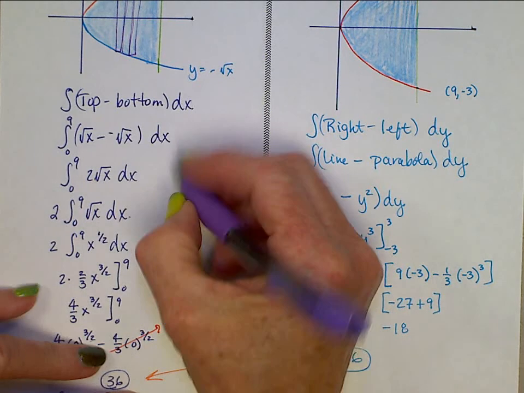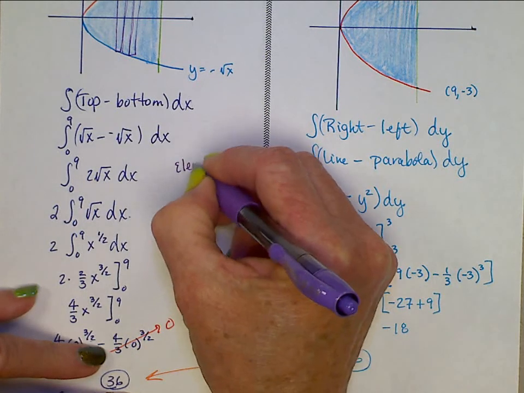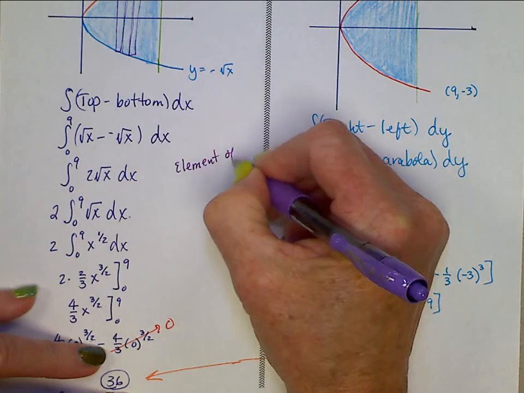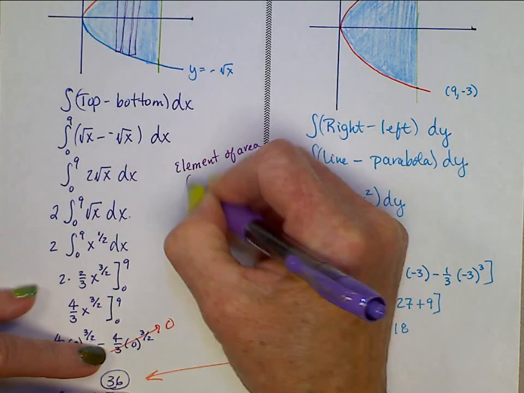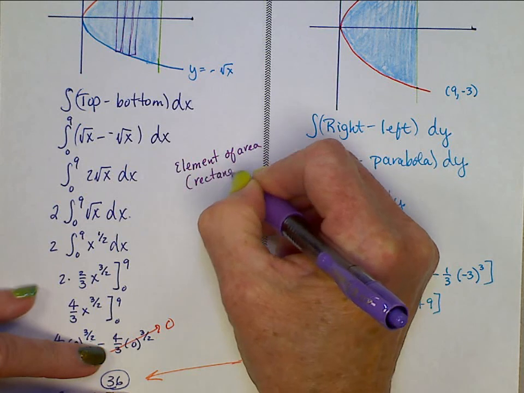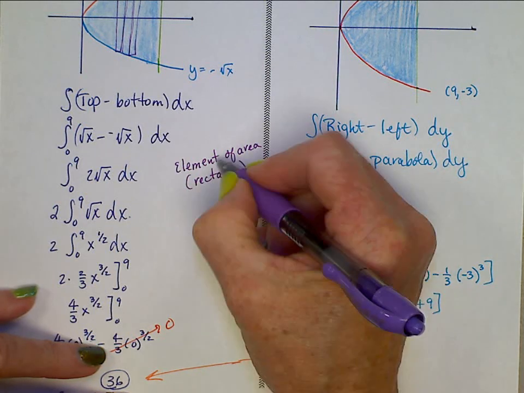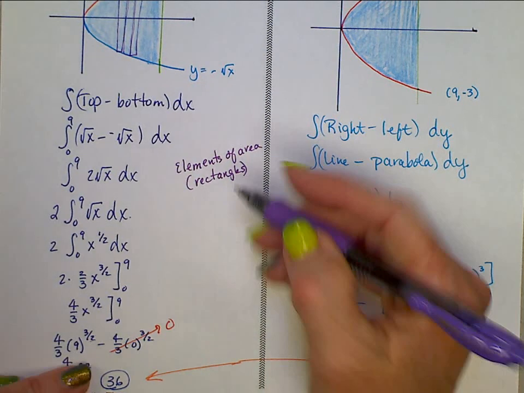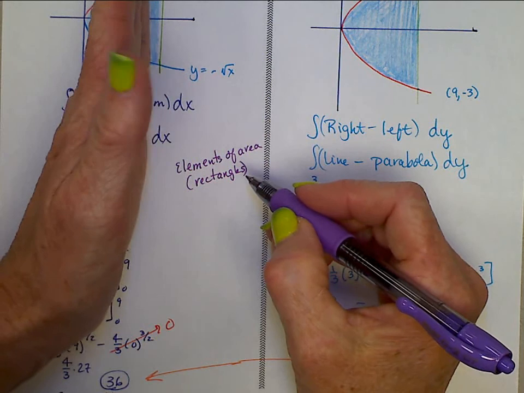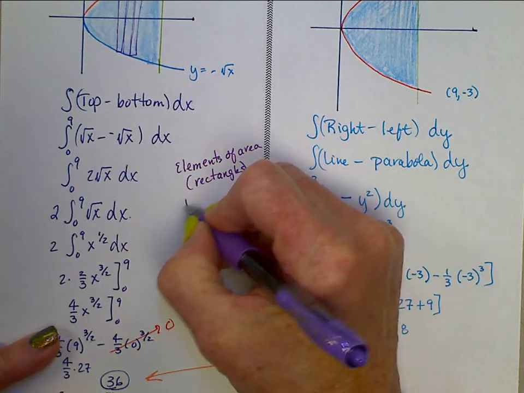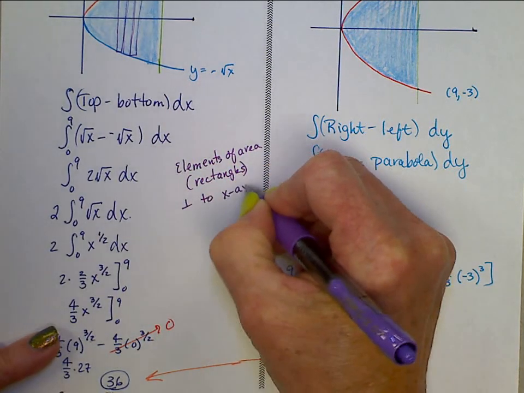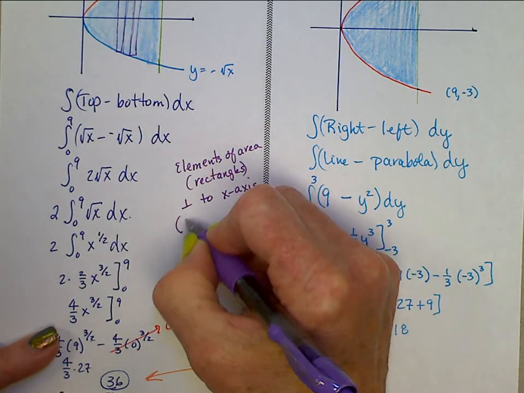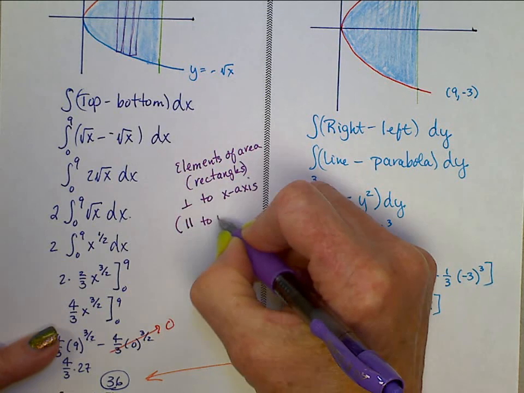These are called elements of area. The elements of area, or rectangles, are perpendicular to the x-axis. They're stacked this way. But perpendicular to the x-axis is also parallel to the y-axis.